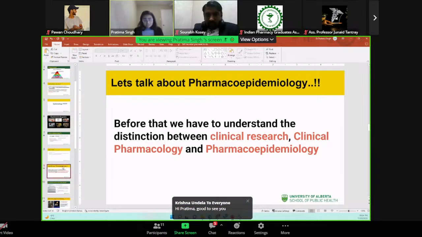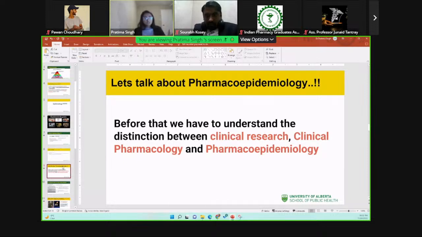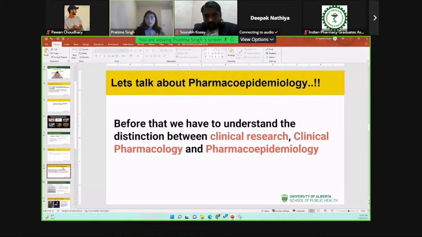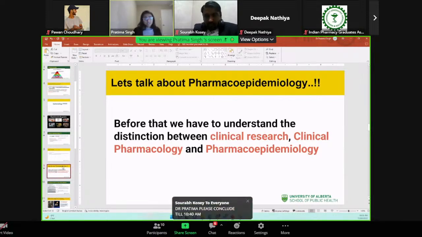And to understand pharmacoepidemiology, we have to understand the difference between all these three terminologies. We do know clinical research is all about clinical trials. Clinical pharmacology is all about pharmacokinetics and dynamics, but we don't know how we are going to club that knowledge to bring it to a real-time scenario, which is pharmacoepidemiology, right?